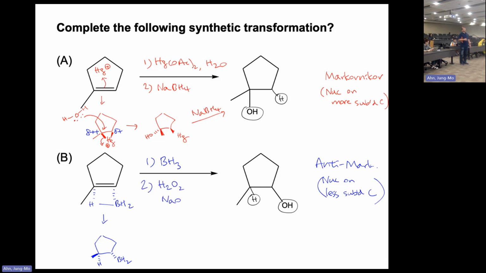That's the oxidation step, done with hydrogen peroxide and sodium hydroxide. So you get OH, the nucleophile, sitting on the less substituted side. So the outcomes are different when we choose different reagents. That's the key thing we are talking about today.